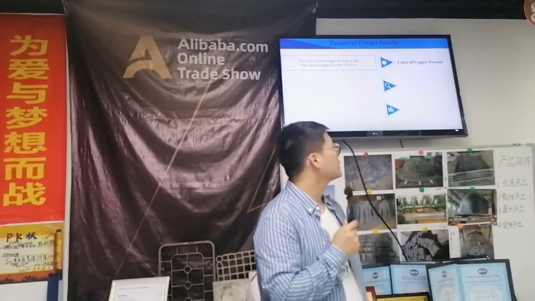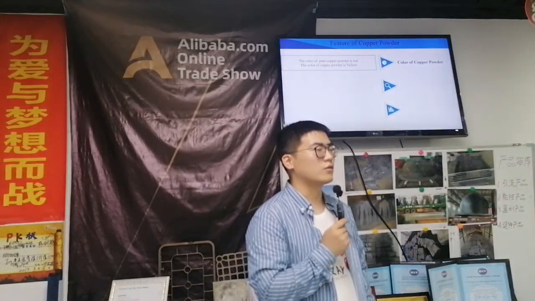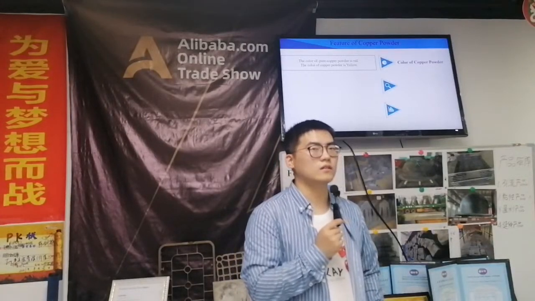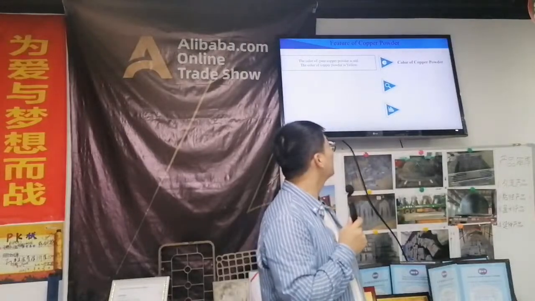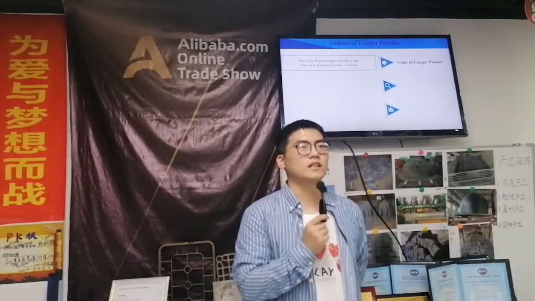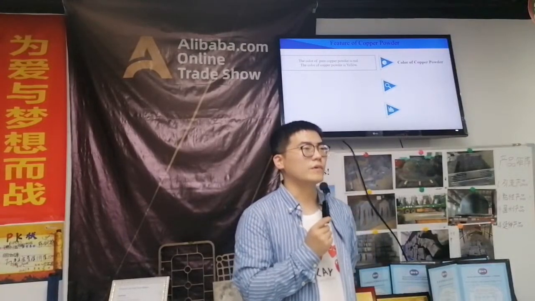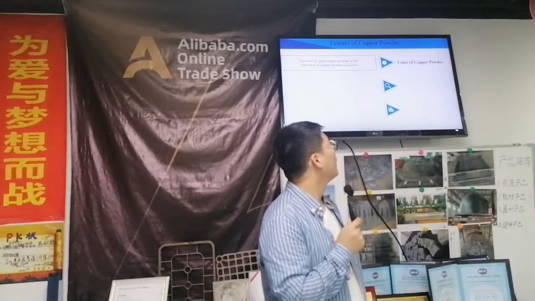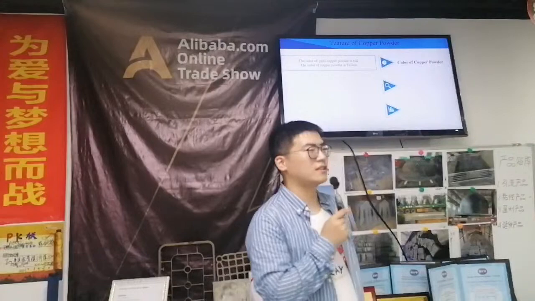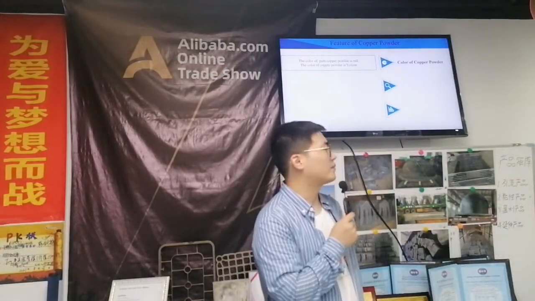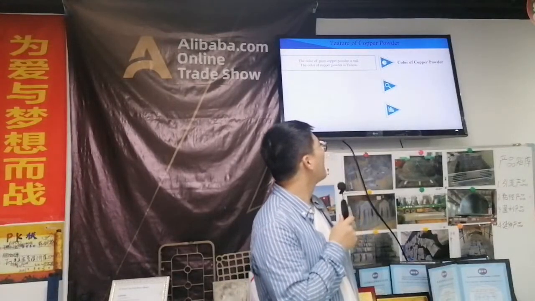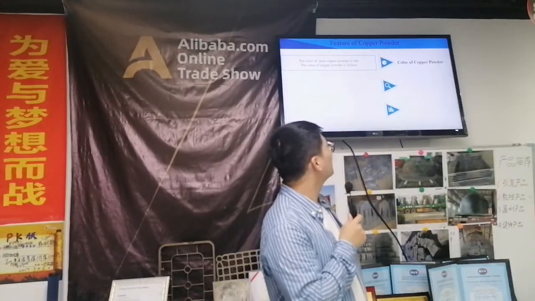The color usually is red, and if you have other elements added to the copper anodes, if you add zinc, you will see the color of the copper anode will be yellow. If you add more zinc into the copper anodes, the color will be brighter than others.